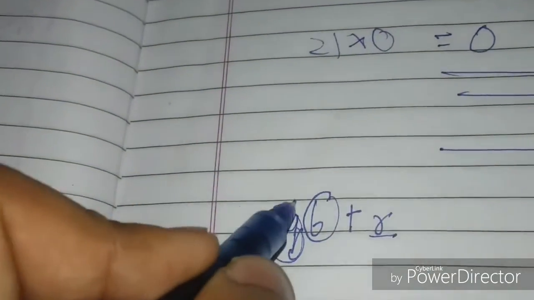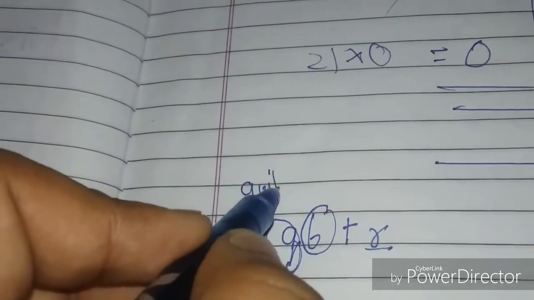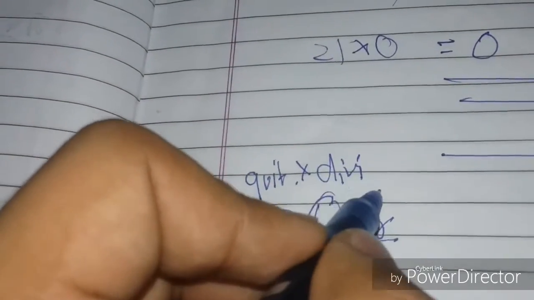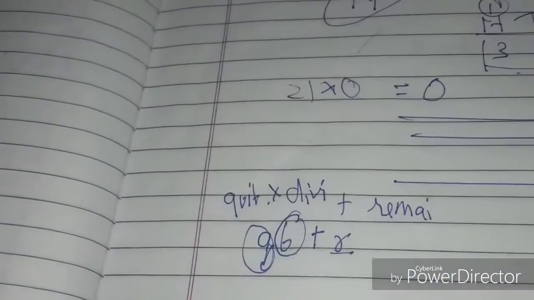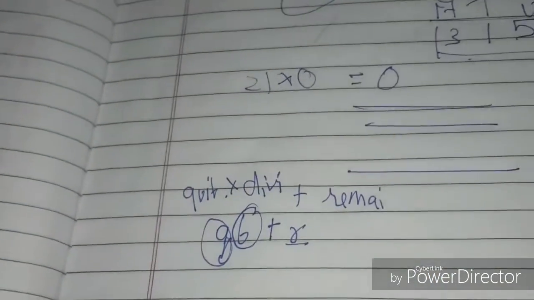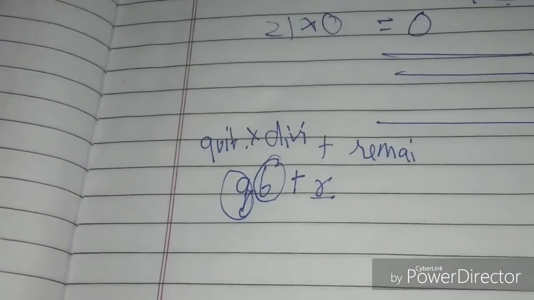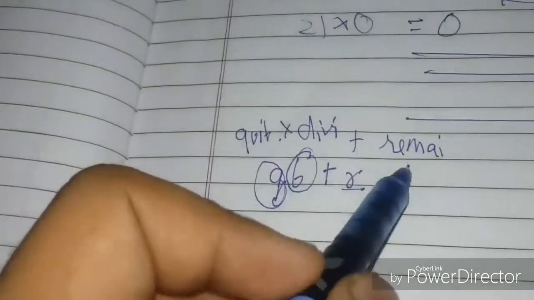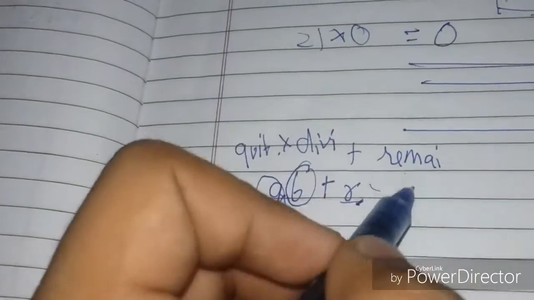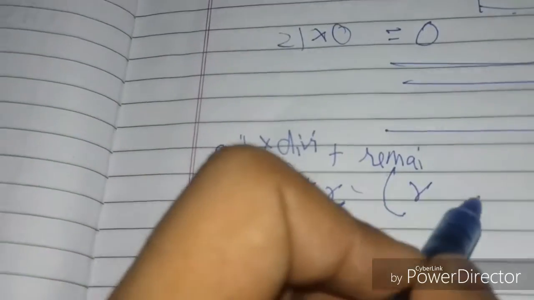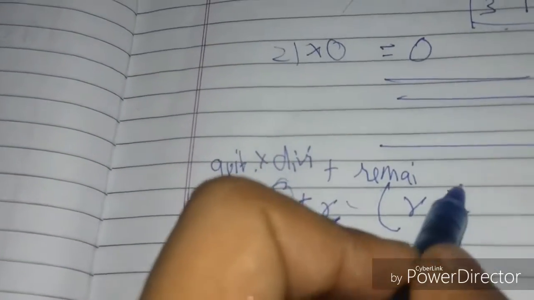It just means take q as quotient and b as your divisor, then r is the remainder. But there is a simple restriction, and the restriction is that r should always be less than b.